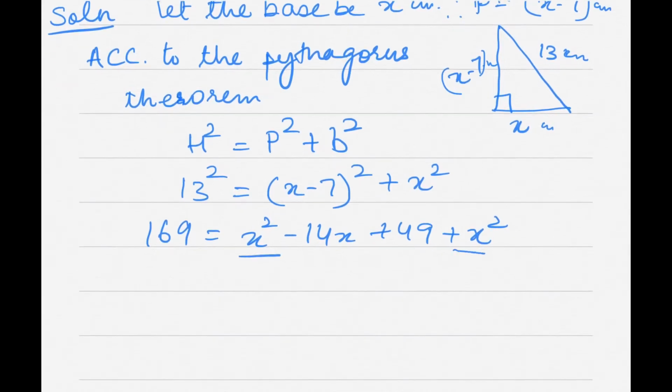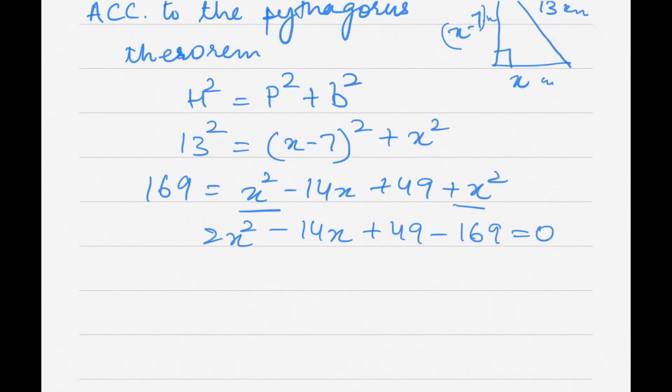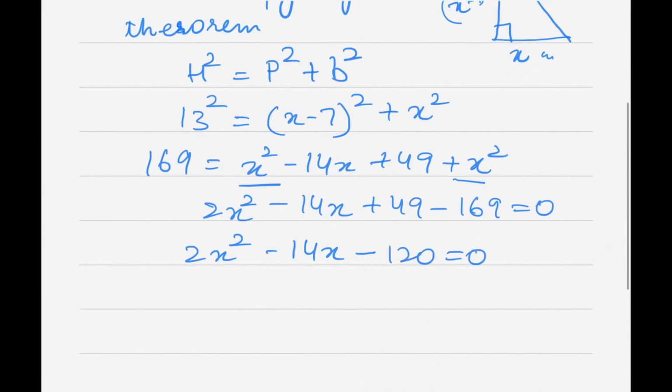Okay, so I get 2x square here, and minus 14x plus 49 minus 169 is equal to 0. So I brought my 169 on this side. Now I have 2x square minus 14x, and this would be minus 120 is equal to 0.